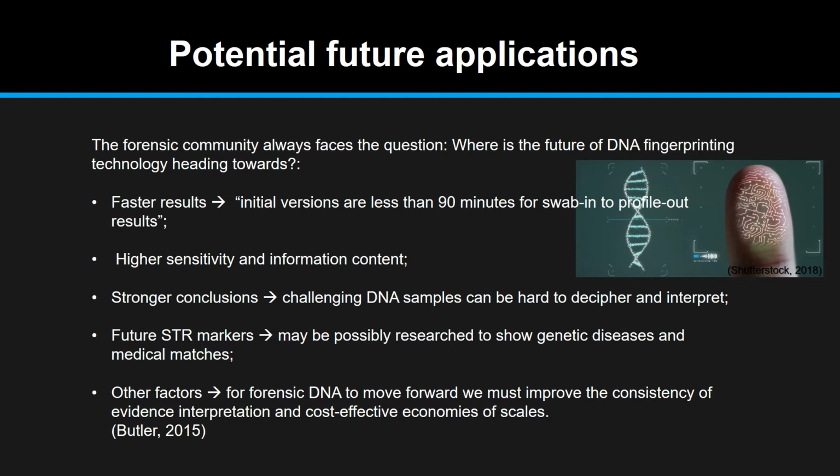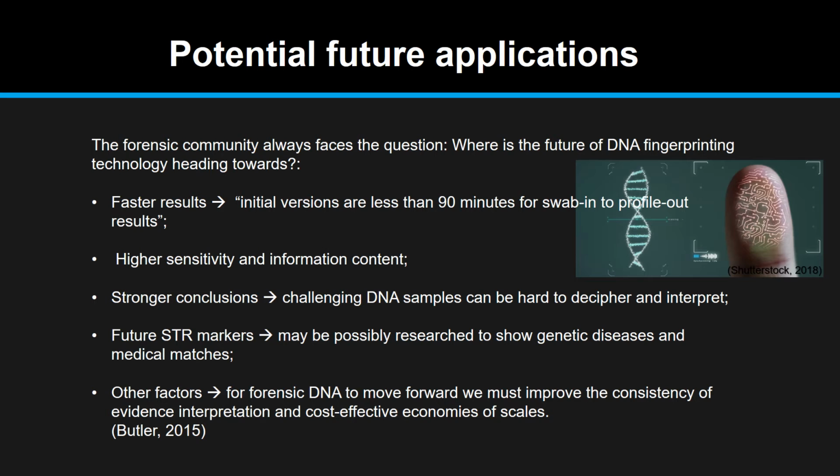The initial versions of these rapid DNA systems can provide swab-in to profile-out results in less than 90 minutes for each reference sample. In order for rapid DNA technology and devices to reach their full potential, more database systems will need to be implemented, but not at the risk or sacrifice of quality. So the future needs quality as well as speed.